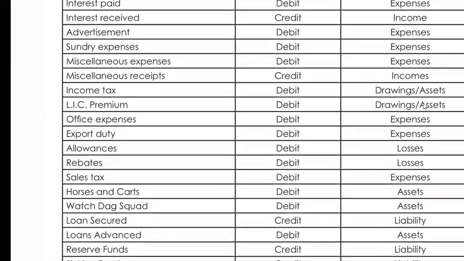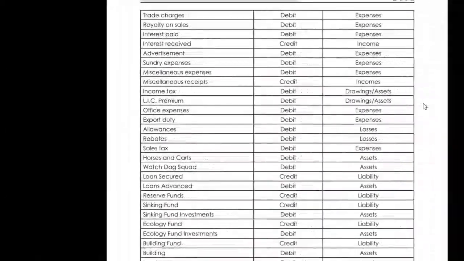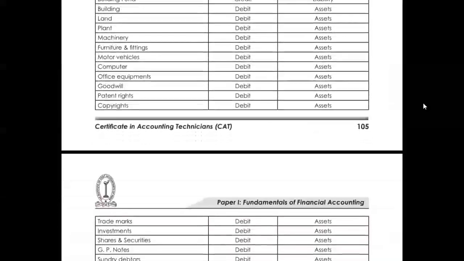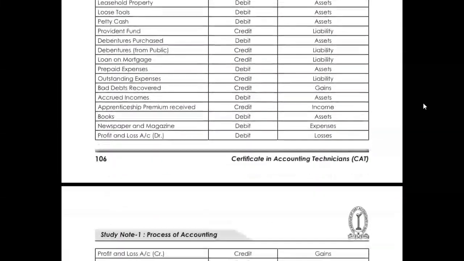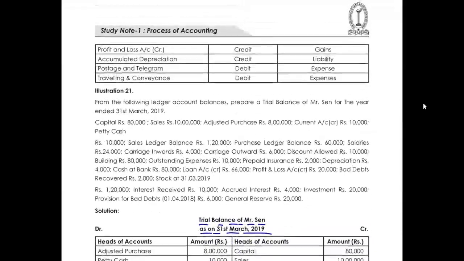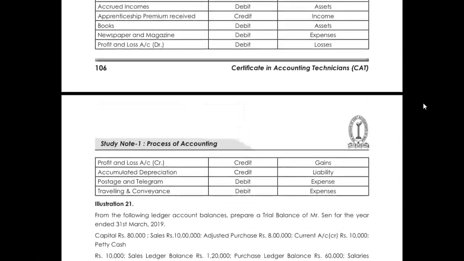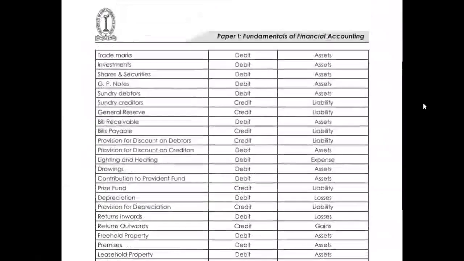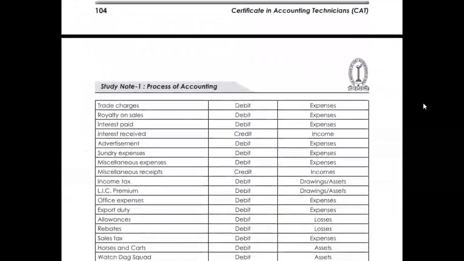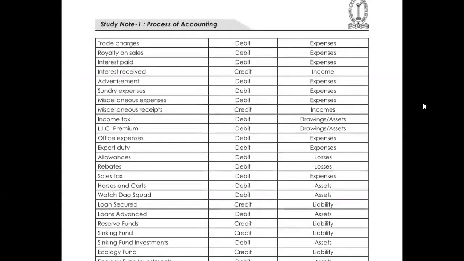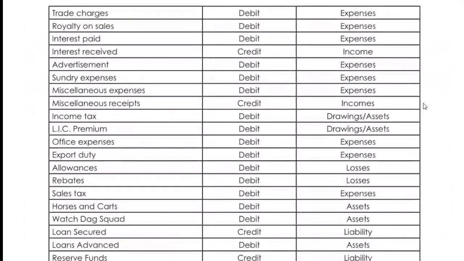We have a longer list of items, around 3+ pages. We have all the expenses or the list of gains or the different accounts which should come. Okay, so now this is homework for all of you. Just have a look because whenever we prepare, we will come across these accounts.